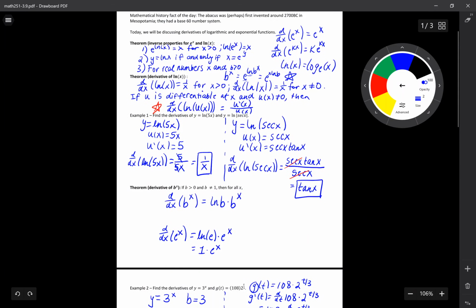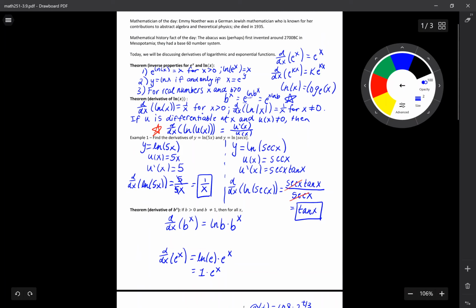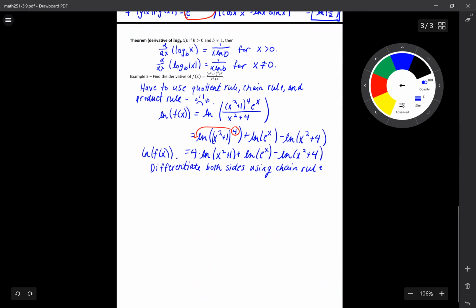Oh, sorry. The derivative of natural log of u of x is equal to u prime of x over u of x. So in this example, we have a bunch of natural logs. So I simply take the derivative of each of the arguments here, and that's my u. So my derivatives here will be that u prime over u.